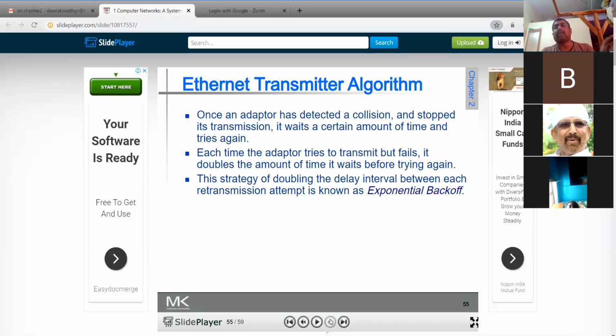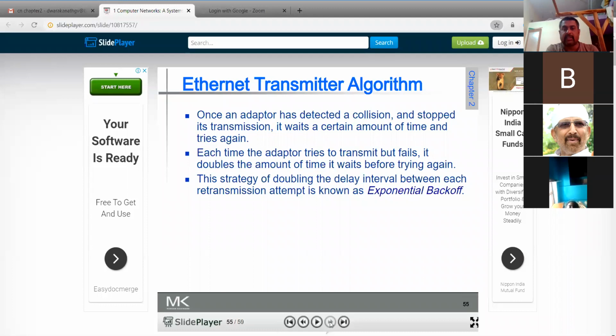So after waiting, when the link is idle again, it will send a frame. If a collision occurs a second time also, it will double the waiting time. Like this, it will keep on doubling the waiting time until no collision occurs. This sequence we'll call exponential back off. So underline that particular word, exponential back off.